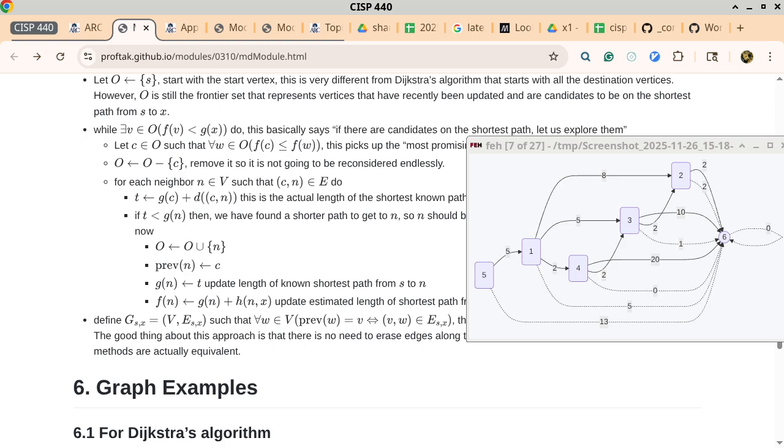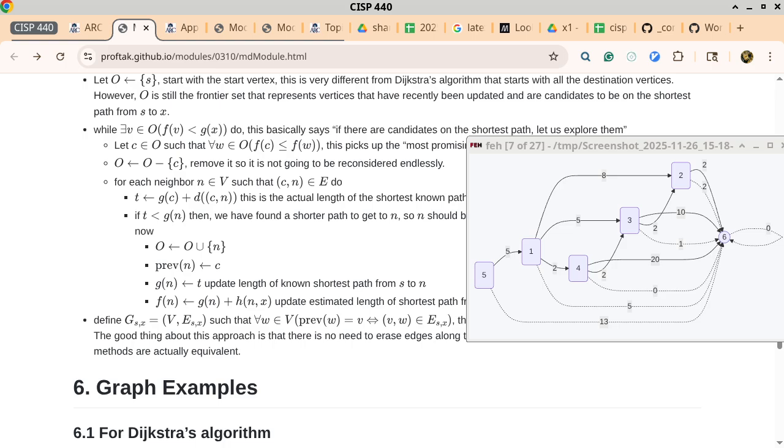You don't have to remember anything because it is up here, right? So g of x is the length of the shortest path from the start vertex to the destination.